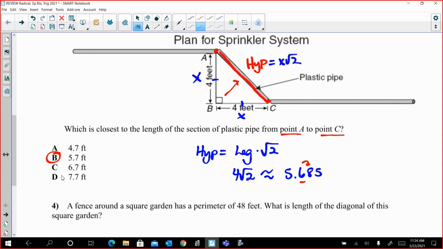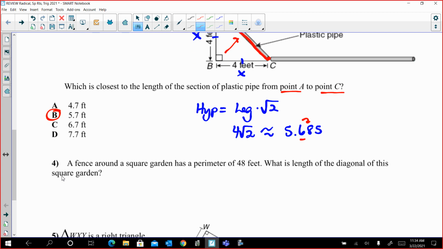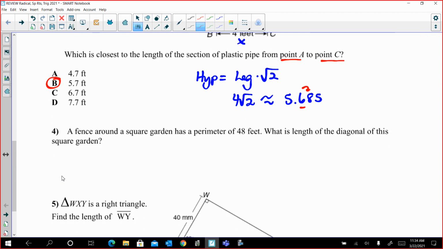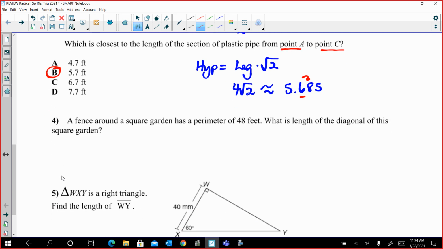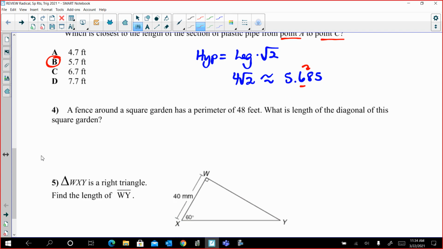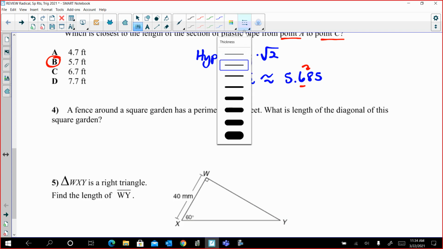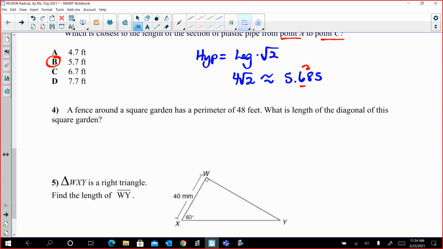Now, for a problem like number 4, no diagram is given, so now you have to draw the diagram. You're definitely going to have one with and one without. On this problem, the key information is that you have a square garden, so it's a square, perimeter of 48 feet.